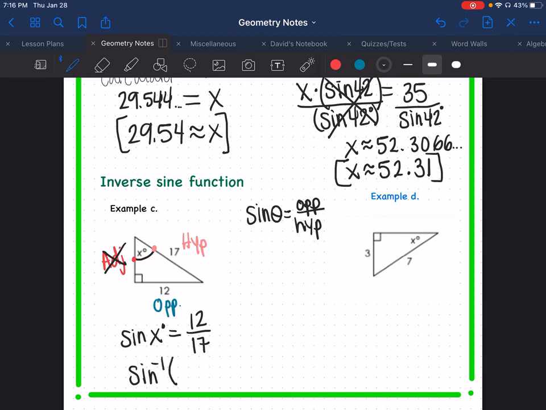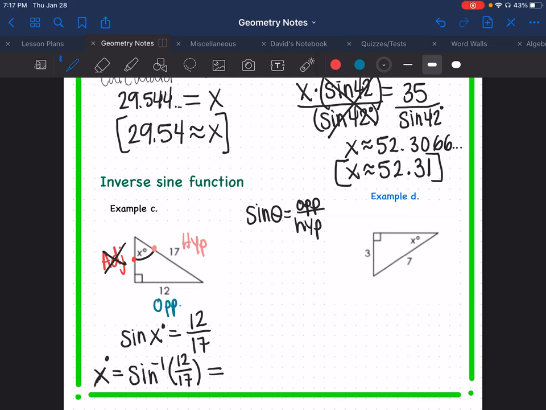And when that opens up a parentheses in the calculator, I'm going to put my opposite over my hypotenuse. And this is going to give me x.